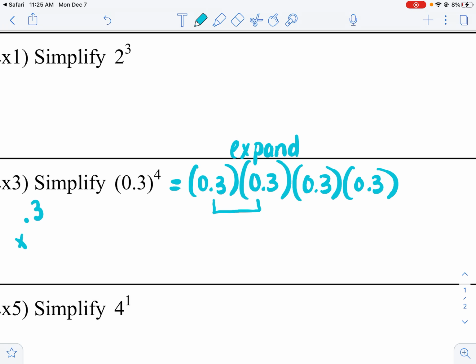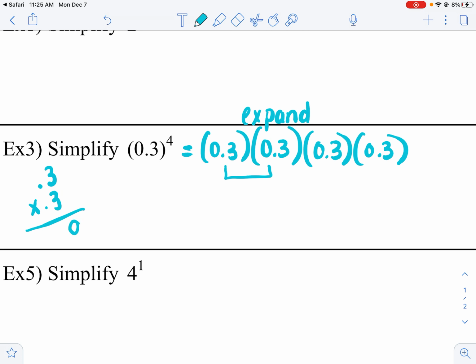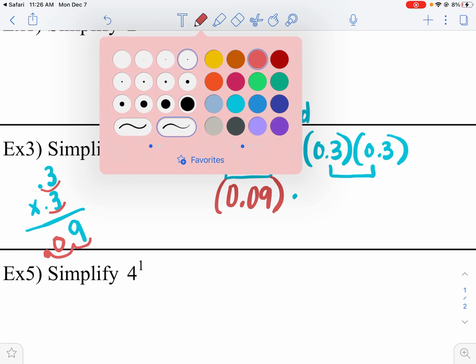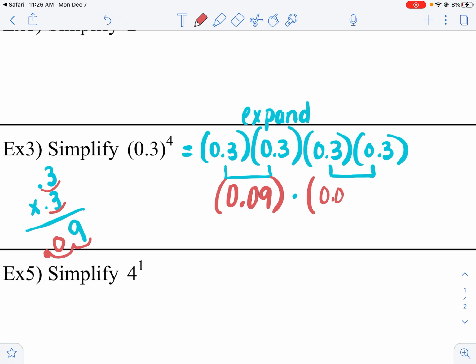So we have 0.3 times 0.3. Now, don't say 0.9 because 3 times 3 is 9, but we have 2 decimal places here. So 1, 2. So this is 0.09. That's a very easy mistake to make. We could multiply times 0.3 and then times 0.3 again, but what I find a little bit easier is to do 0.3 times 0.3, because we know that already is 0.09.